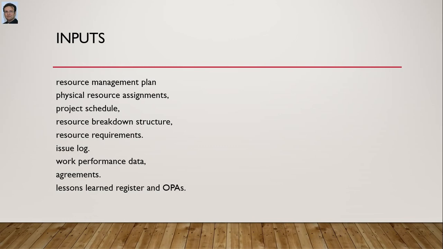Then we have resource requirements, which identify the needed material, equipment, supplies or other resources. Along with that, we also maintain the issue log. We gather data that is called work performance data, along with the agreements.